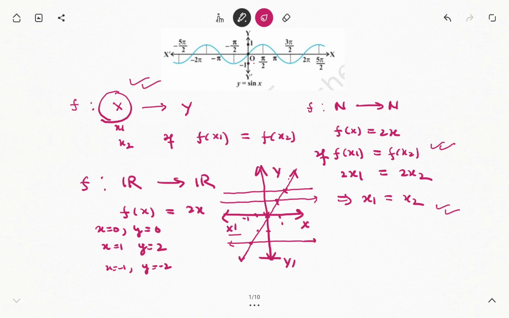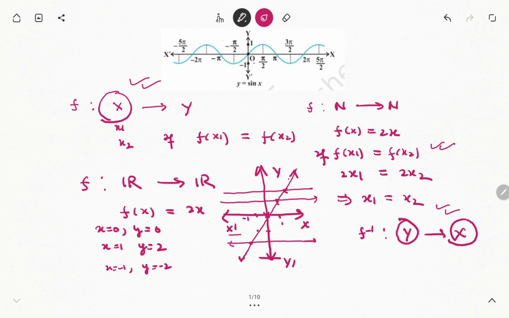And if we are not taking the function as a 1, 1 function, then we cannot define an inverse function. Now, what will be the inverse function? Here, f inverse is from y to x, right? Now the domain is y, and the codomain is x.